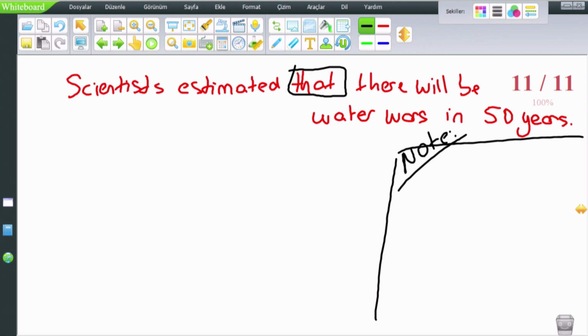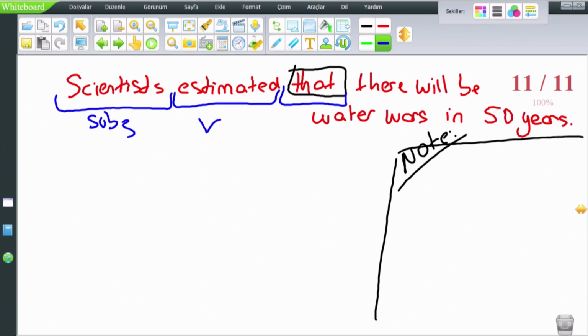When you look at the sentence, this is our subject, verb, and then this is our main object of the sentence. The rest of this part actually defines that. So that's why we're going to put that into the beginning of the sentence.